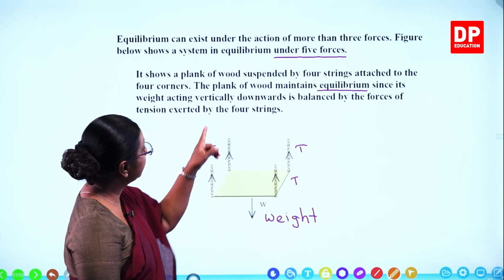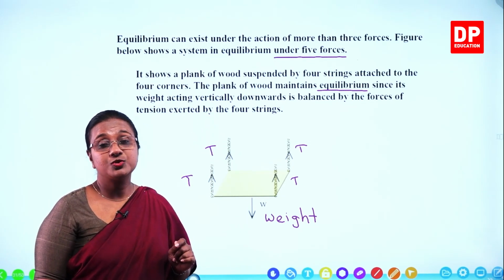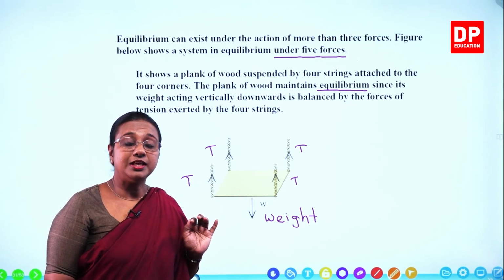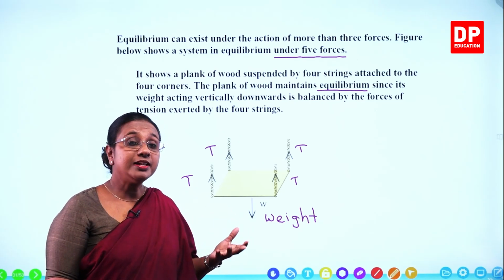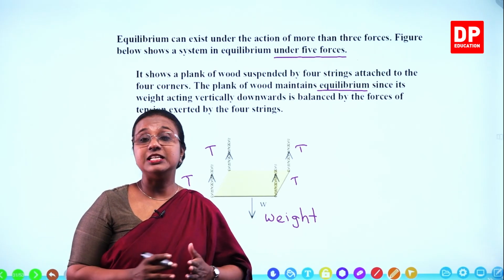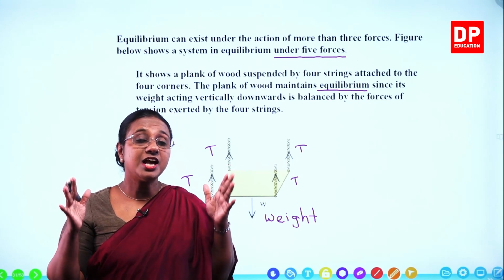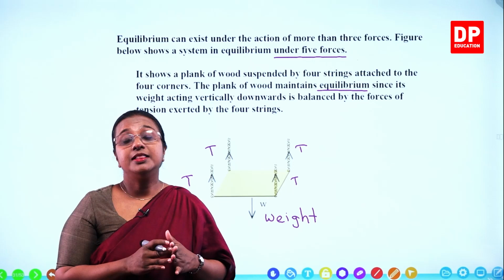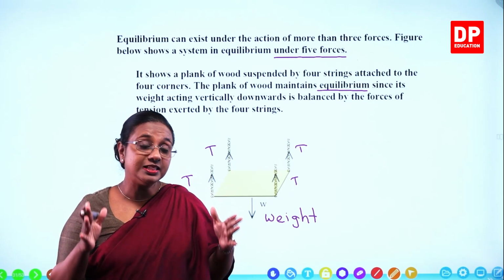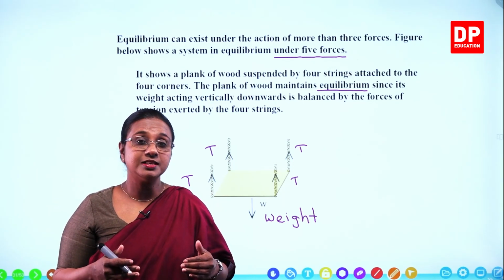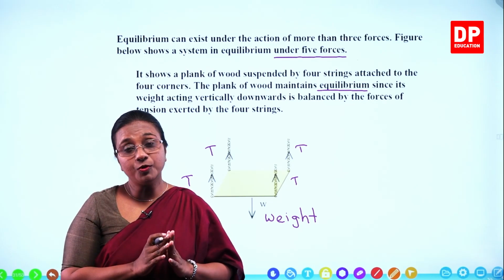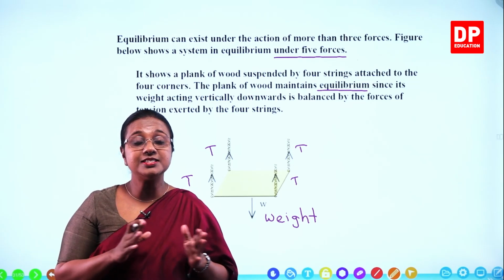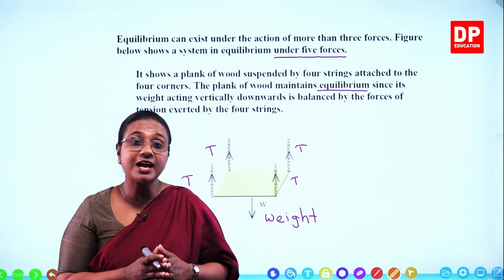This is an example where there are 5 forces acting on the system. What else can you think of? You can think of a child or a person sitting on a chair. The chair has 4 legs. So then there is the weight of the person with the chair acting downwards, and at all the 4 points where the legs touch the ground, there is a perpendicular reaction acting.